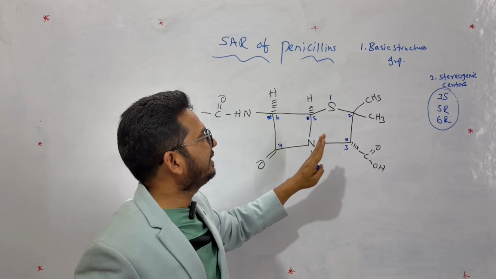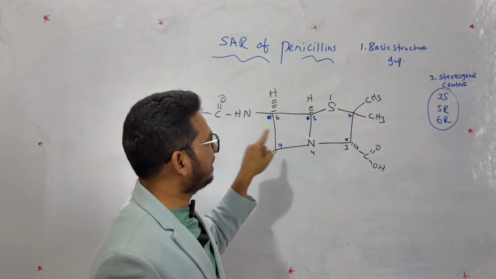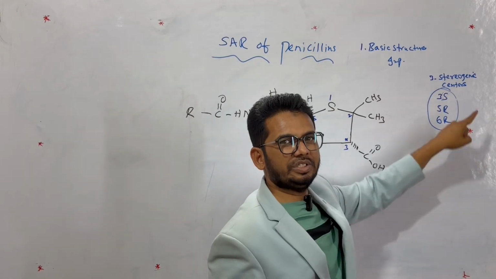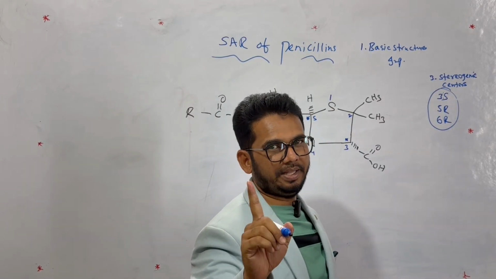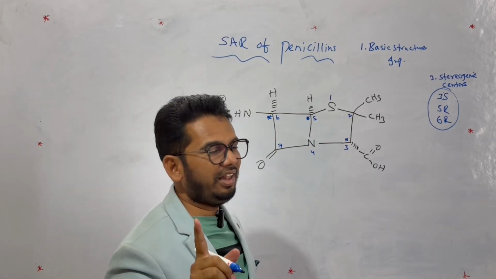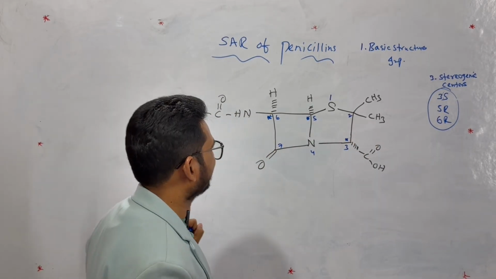Okay, you can explain. This is required for the antibacterial action with three stereogenic centers. That is very important. Remember. Nobody will explain this one. Only a person who knows chemistry well knows the importance of this stereogenic center.